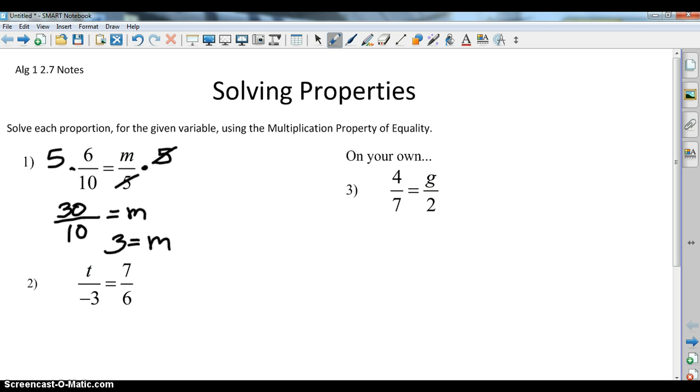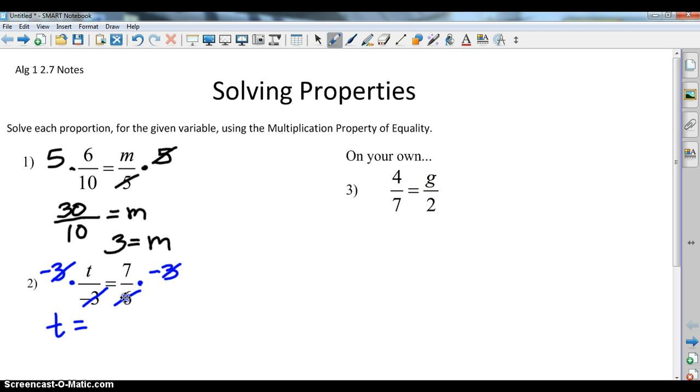That's all you do. So for number 2, we want t by itself, so we need to multiply each side by -3. This cancels this -3 out and this -3 out and leaves us with t on this side. You can either multiply the numerator 7 times -3 and get -21 over 6, or we're going to simplify first.